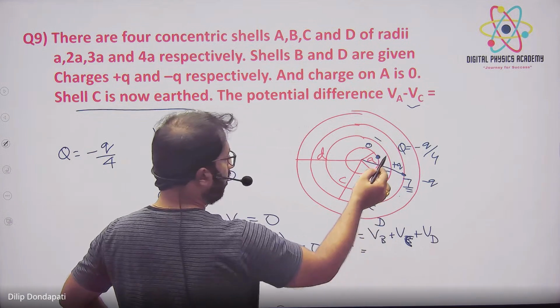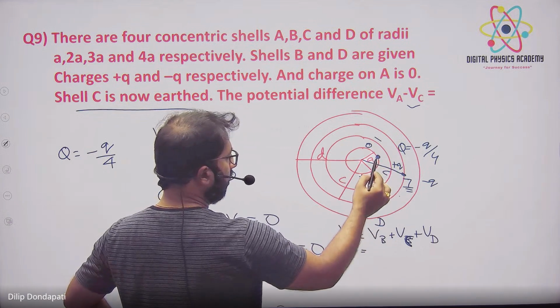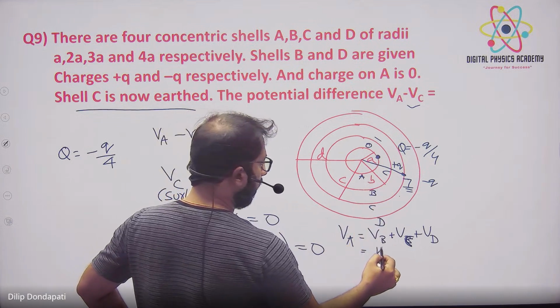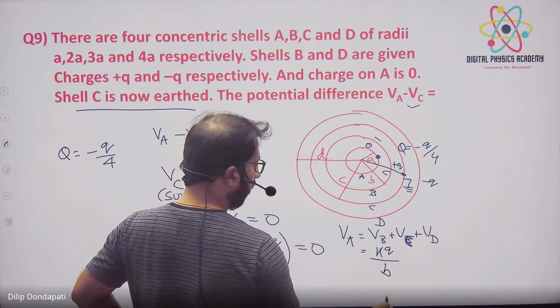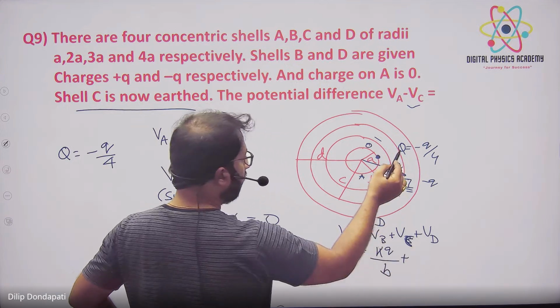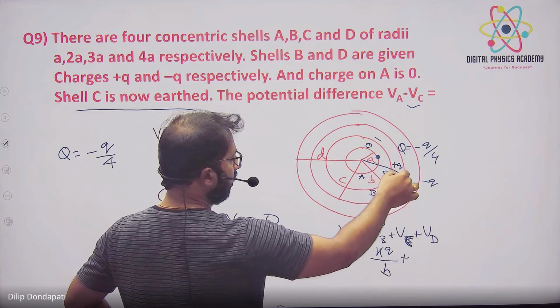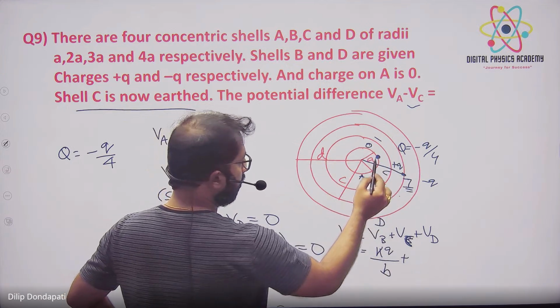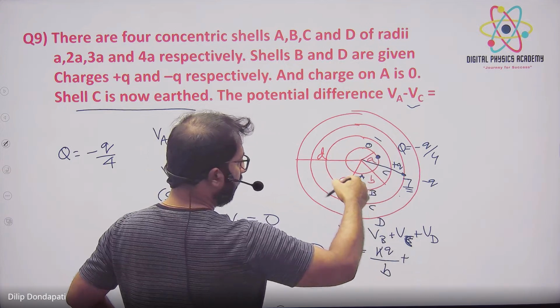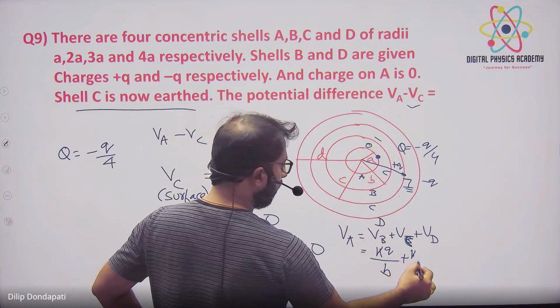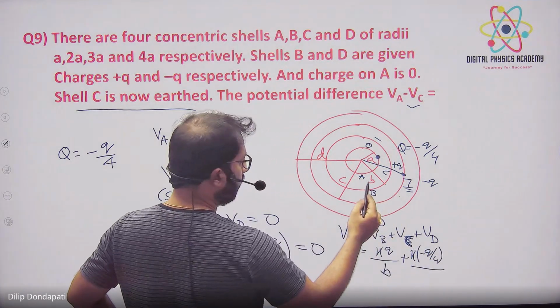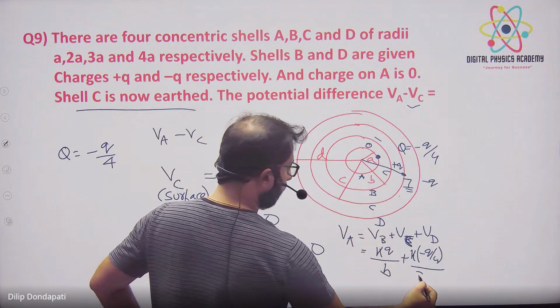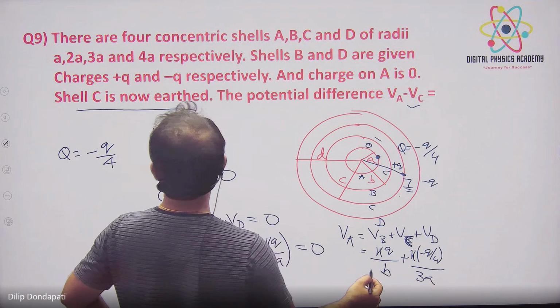Due to the second shell, this point is an inner point. So KQ by radius, which is B. Plus, due to the third shell, point A is inside the shell, right? So K into minus Q by 4 by its radius, which is 3, and B is 2, right?